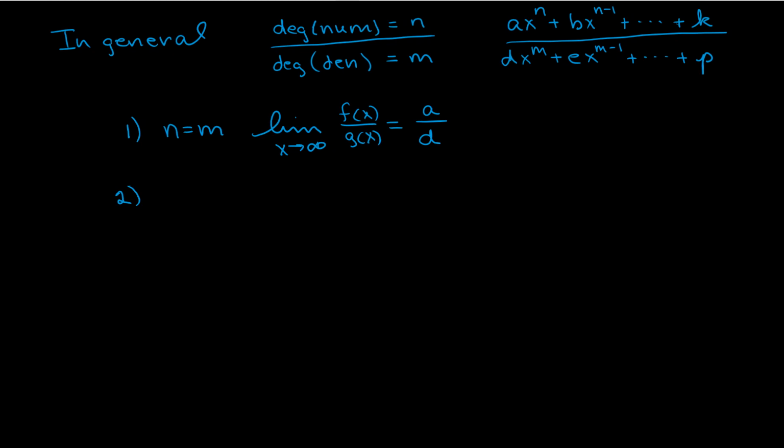Second thing that can happen is n can be smaller than m. If we do the limit as x goes to infinity of this f of x divided by g of x, now, what's going to happen here is, remember, the exponent in the numerator is smaller than the exponent in the denominator.